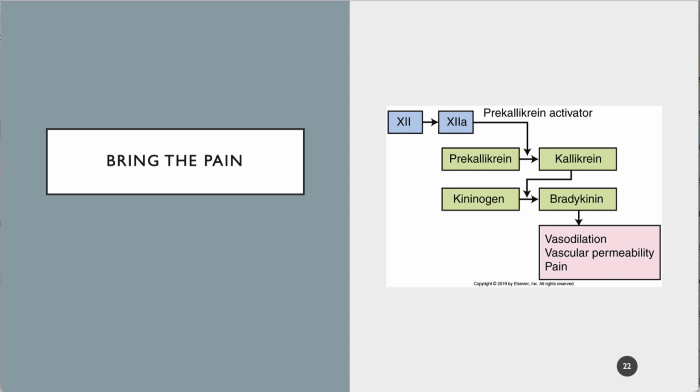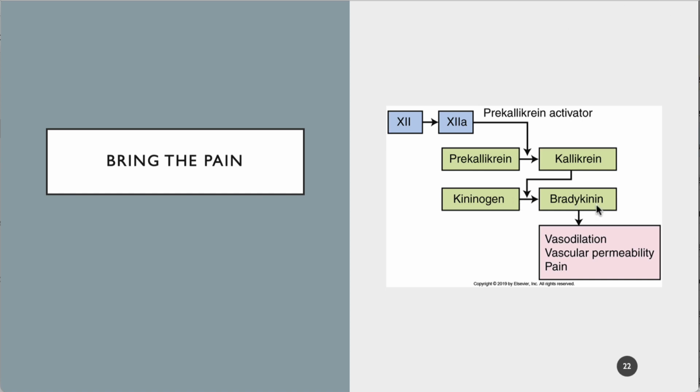the next step is the kinins. The kinins largely are responsible for producing pain, all right? So the prekallikrein and the kallikrein then give rise to eventually bradykinin. And bradykinin causes vasodilation and vascular permeability, and along with that, again, inflaming the nerve endings and causing pain to occur.